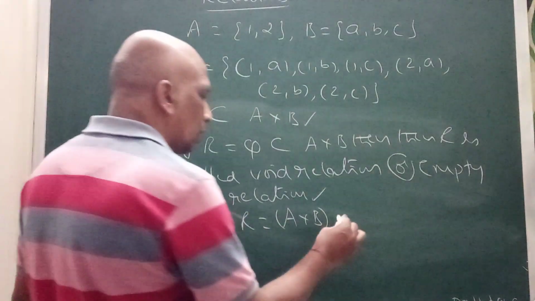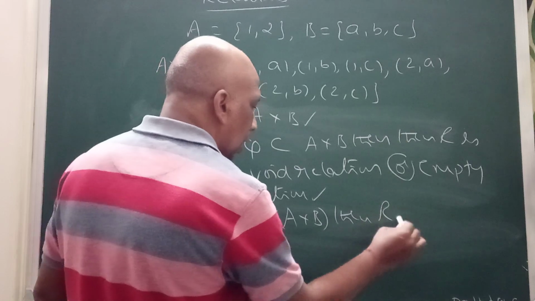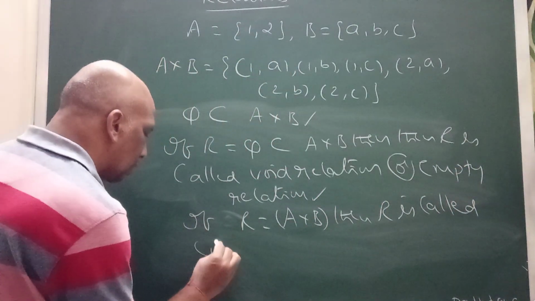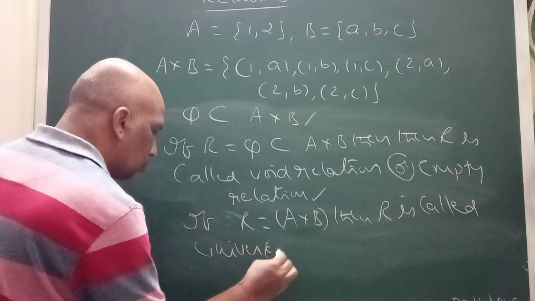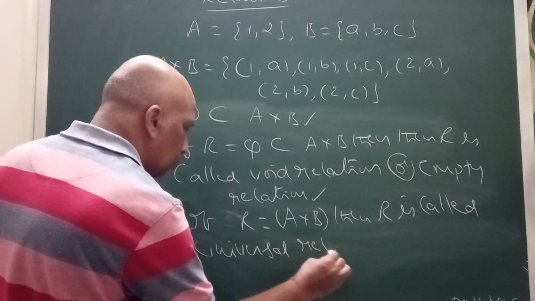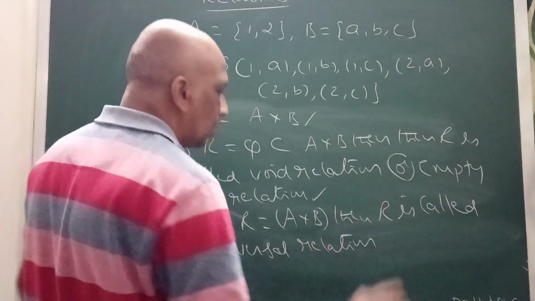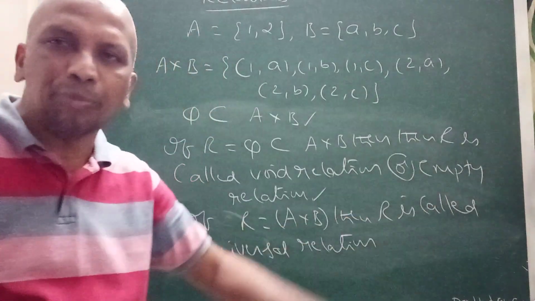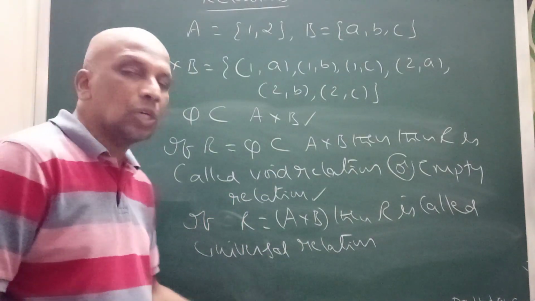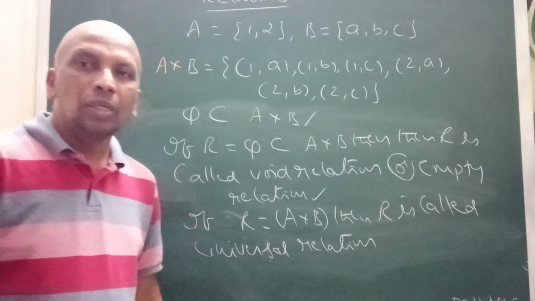So if R is equal to A cross B, then R is called the universal relation from the set A to the set B. This is called the void relation, and this is called the universal relation.